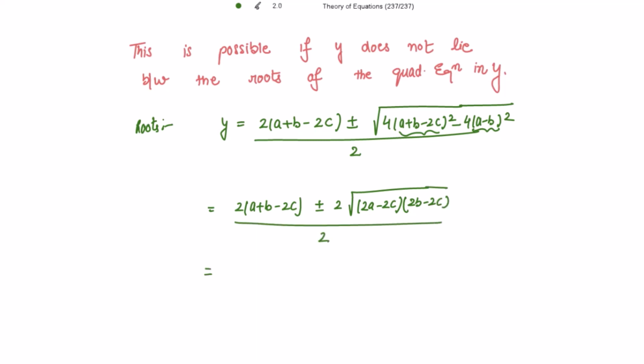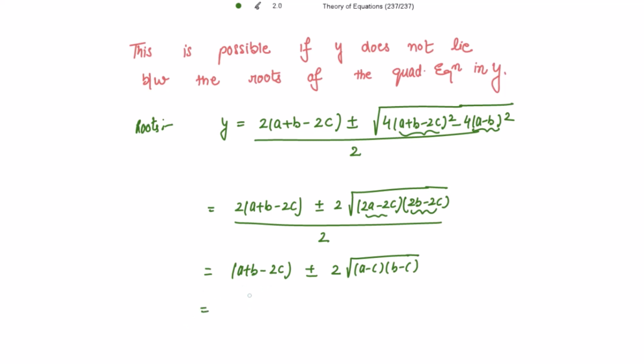So cancelling 2 from the numerator and the denominator, we get a plus b minus 2c plus minus, if I take 2 common from this bracket and this bracket, then we get 4 outside, and square root of 4 is again 2. So this is square root of (a minus c) into (b minus c).